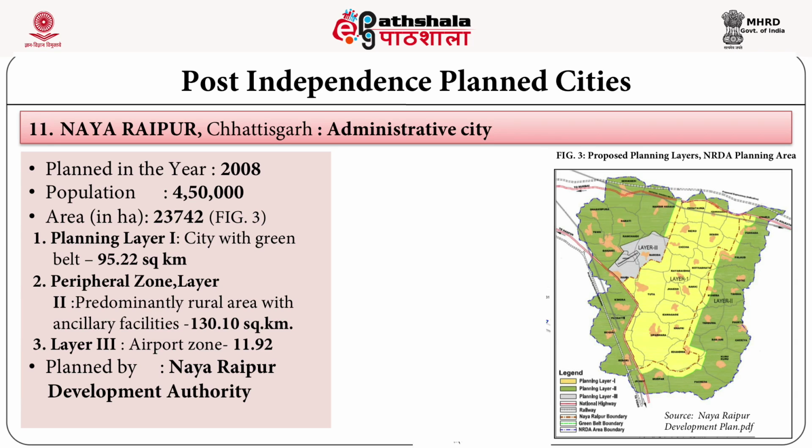Then there is the peripheral zone, layer 2, which has predominantly rural area with ancillary facilities, about 13,000 hectares, which is about 55% of the total area. Layer 3 is the airport zone, about 1,200 hectares, and this was planned by the Naya Raipur Development Authority.